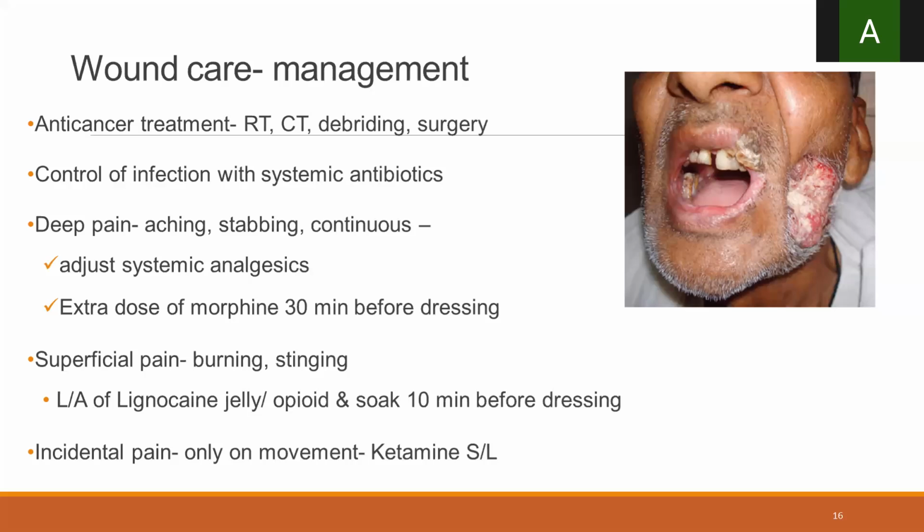With that, the dressing material will come off very easily. Incidental pain is the one which is felt only on movement. In that case, sublingual ketamine is given. So in this way, we can have the pain management. Next slide, please.